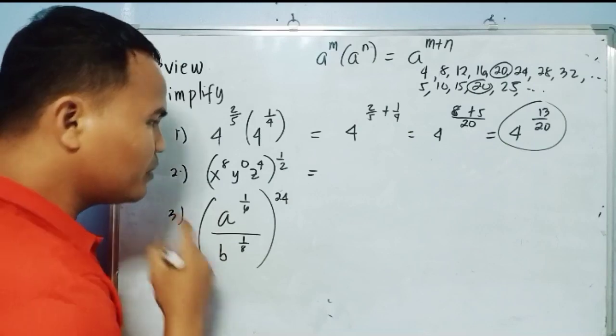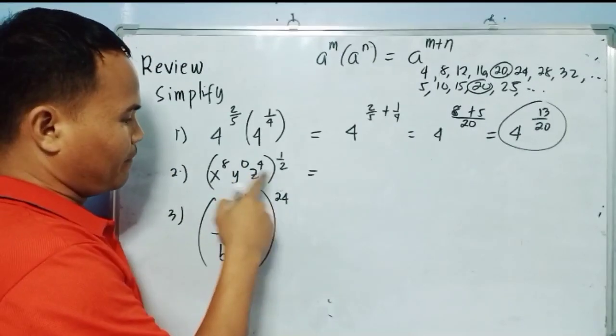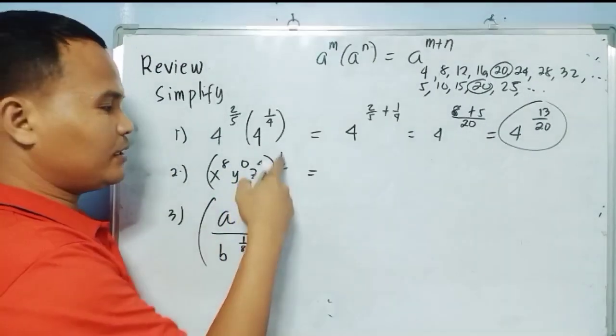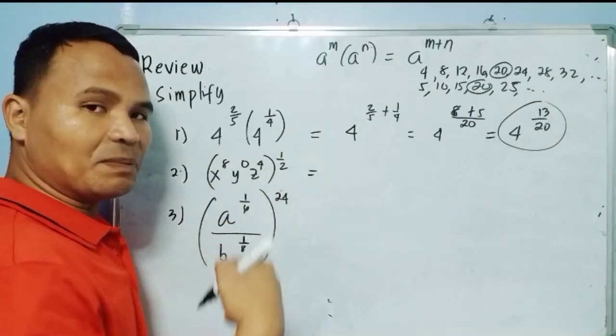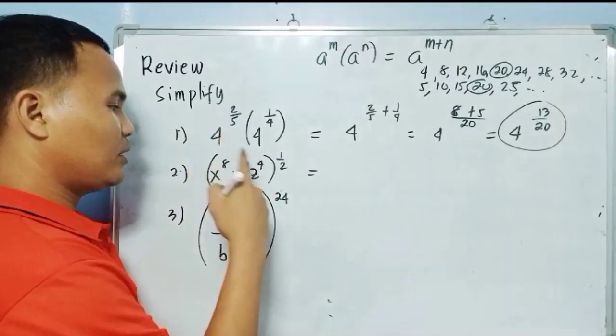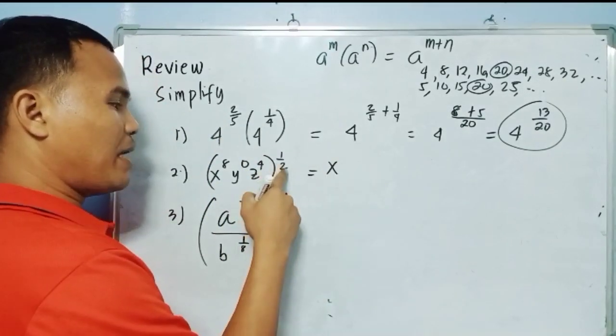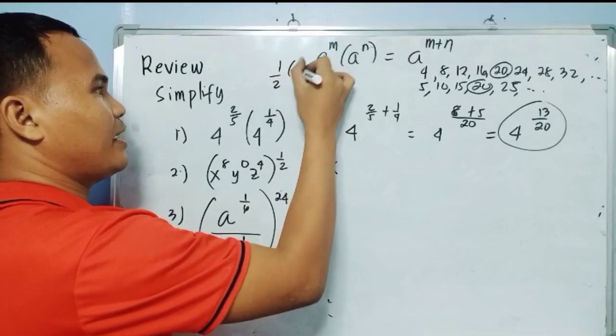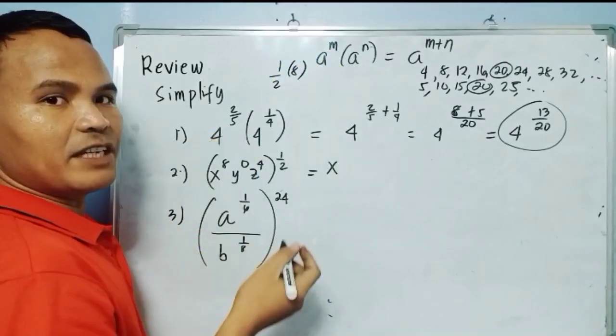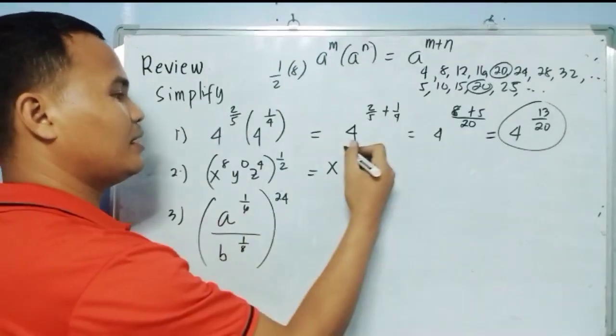Here, number 2. We are going to distribute 1/2 into each exponent here. When you see distribute, the operation is multiplication. So for x, 1/2 times 8. That's simply division, 8 divided by 2 is 4.